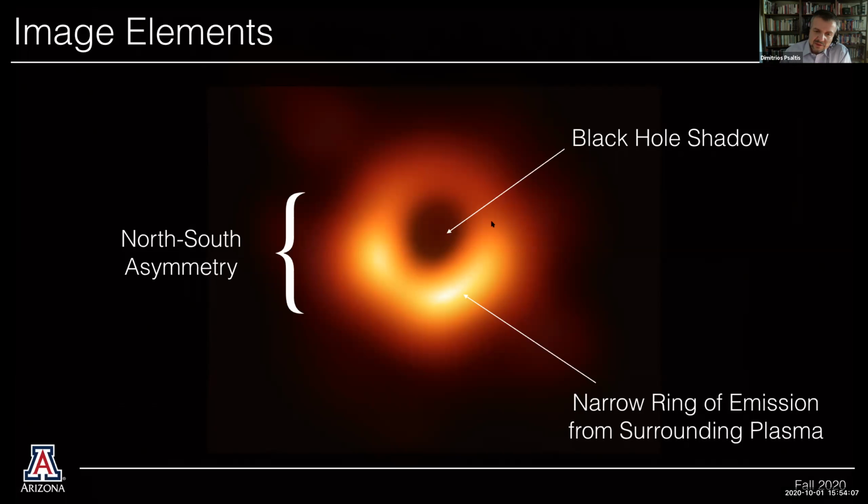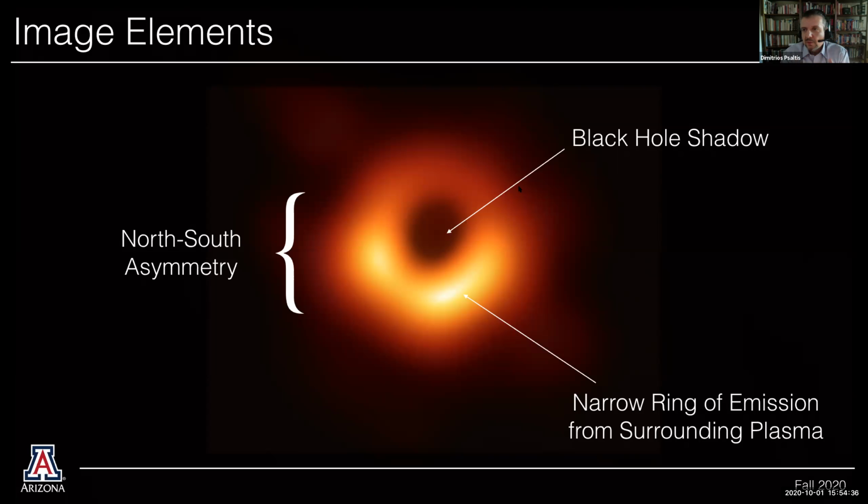And the most striking feature of that picture is this big brightness depression in the center of the image. And this is the depression that we were looking for, and this is the depression that we identified with the shadow of the black hole. And the shadow of the black hole is surrounded by a narrow ring of emission at millimeter wavelengths. And this is something that we identified with the emission from the surrounding plasma.